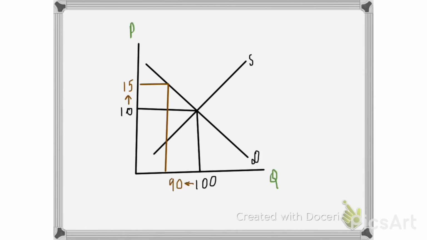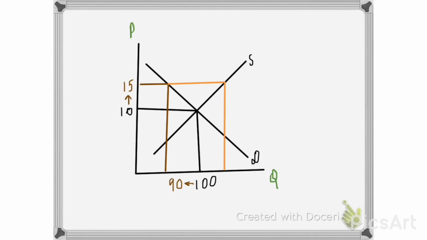Here, if you see, the price is initially at 10 and the quantity demanded at price 10 is 100. Now when there's an increase in price, which goes to 15 AED, then the quantity decreases and becomes 90. When you extend that line to supply, you get the supply amount also.